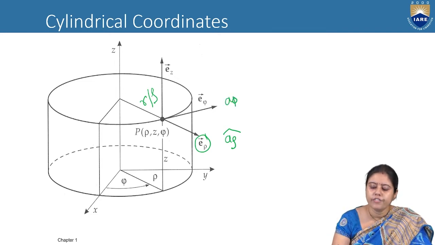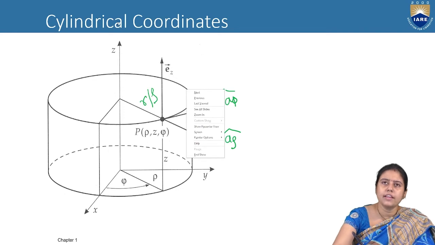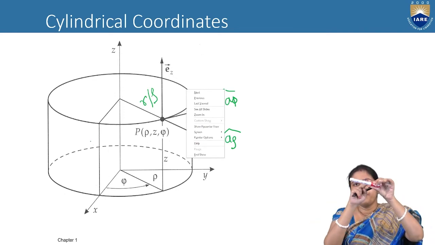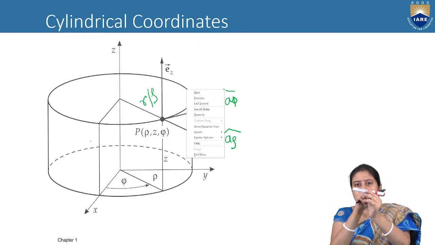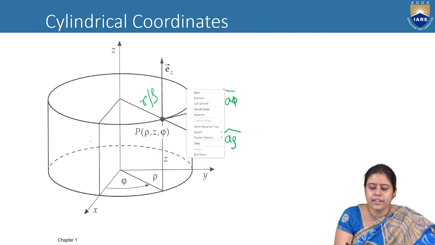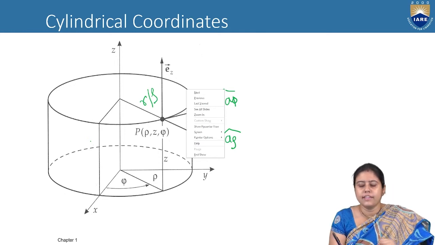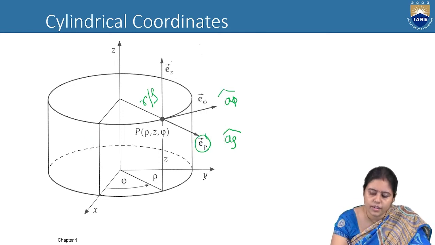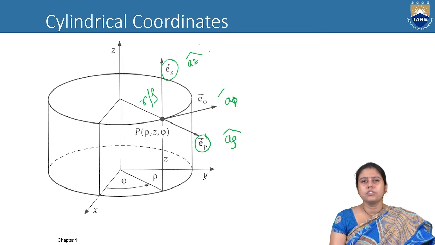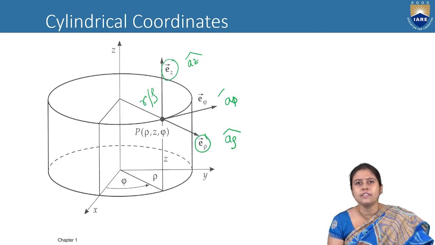A phi. And when we are thinking about the height, we are thinking about the length. If it is horizontal, it is length. If we keep it vertical, this is height. So the height is z, and we write its unit vector as az. So the cylindrical coordinate system also has three unit vectors: a rho, a phi, a z.